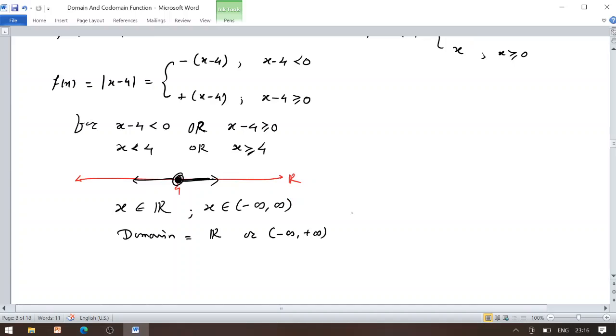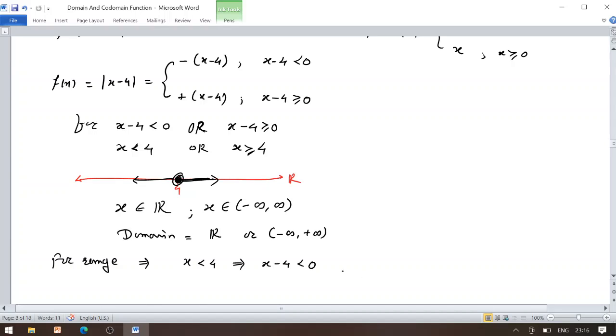Now for finding the range. The first condition we have on x is x strictly less than 4, so that implies x minus 4 is strictly less than 0.